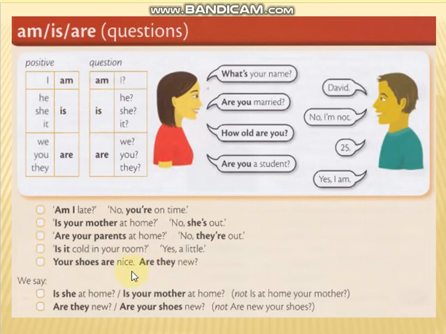Are they new? We say, is she at home? Is your mother at home? Not, is at home your mother. Are your shoes new? Not, are new your shoes.